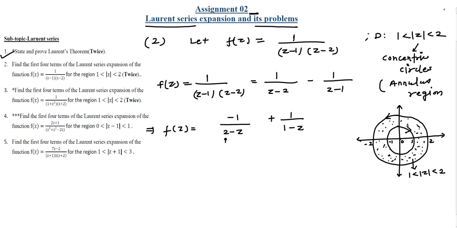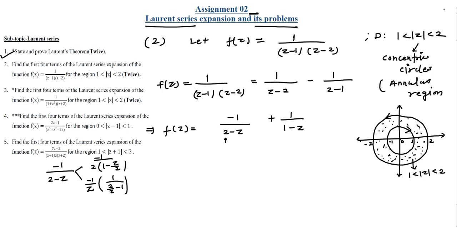So we have two cases. If I take -1 / (2 - z), this can be written in two forms. First, taking 2 common: -1/2 · 1 / (1 - z/2). Second, taking z common: -1/z · 1 / (2/z - 1).